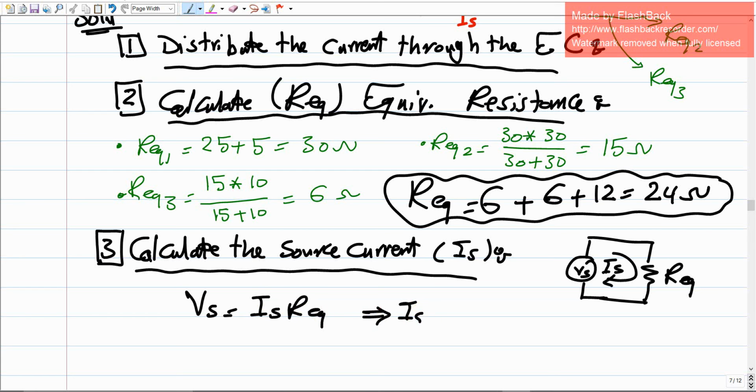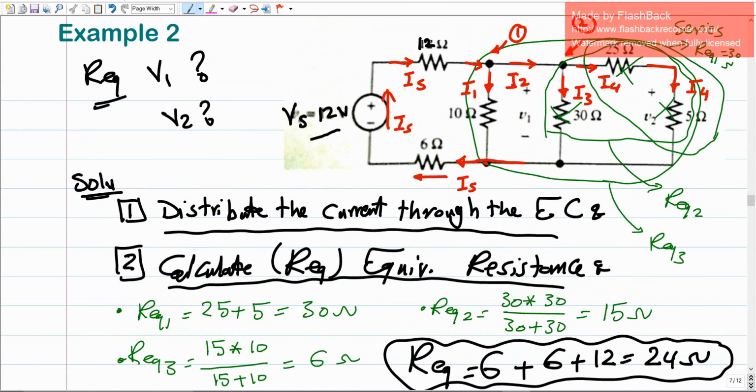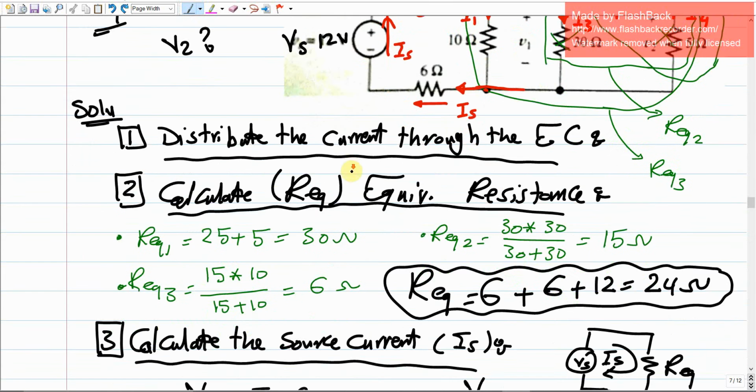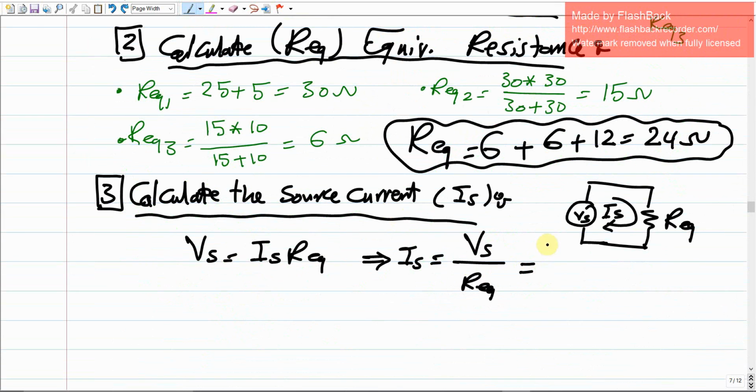It means that Is should be Vs divided by R equivalent. How much is Vs? It is already given by 12 volts up there. So it's going to be 12 divided by the 25 ohms, which is the R equivalent here, which means that we do have 0.5 ampere as the total current, which is going to be half.